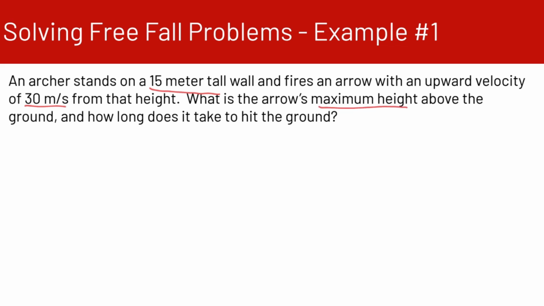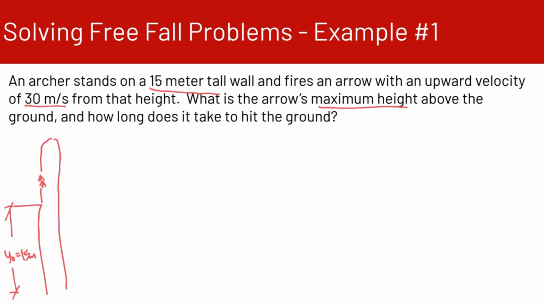Okay, so we can draw a little diagram here. We have a height of 15 meters. So we say that y naught is equal to 15 meters. The archer fires an arrow, a little arrow here. It goes up, reaches this maximum height, and then it comes back down again.